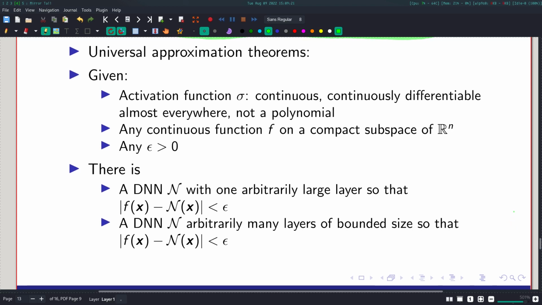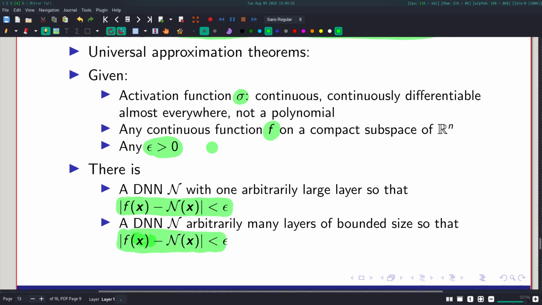But the gist of this is that you take a nice enough activation function. I won't go into the details because I'm running out of time, but there is some definition of nice enough. So you take some nice enough activation function, and then you're given any continuous function, and you're given any small epsilon greater than 0. Then you can construct two DNNs which actually approximate this function up to epsilon, right?